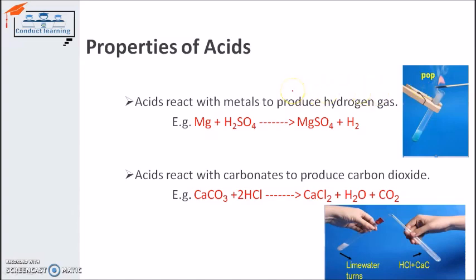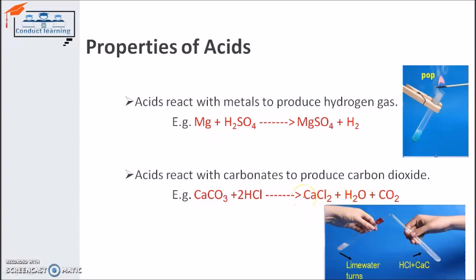Another property of acid is that acid reacts with carbonates or hydrogencarbonates to produce carbon dioxide gas. You can simply see this in an equation. Here we take calcium carbonate and hydrochloric acid. They give us calcium chloride, water and carbon dioxide.